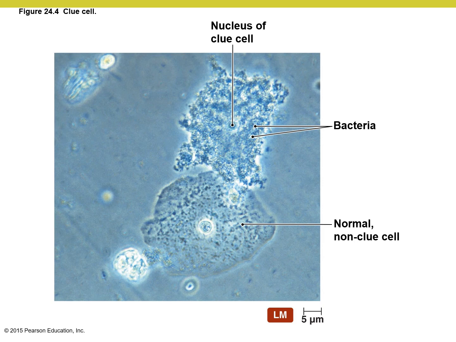Okay, in this picture here, we have the presence of clue cells. Clue cells are vaginal epithelial cells which are covered with bacteria, and that suggests a diagnosis of bacterial vaginosis.